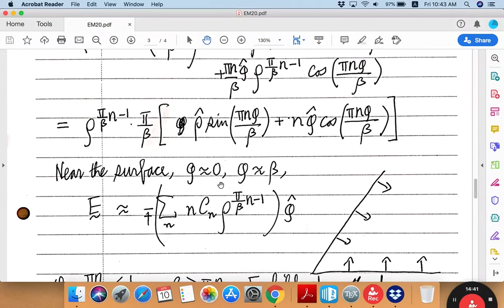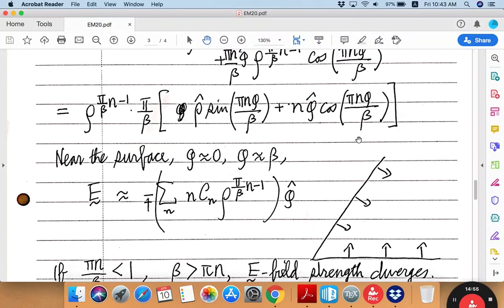And when the angle is very close to zero or very close to beta, then this sine function will vanish, while this cosine function approaches either 1 or minus 1. Okay, in particular, when n is 1, then this cosine function will approach cosine of pi, which is minus 1. So the direction of the electric field will have been reversed.